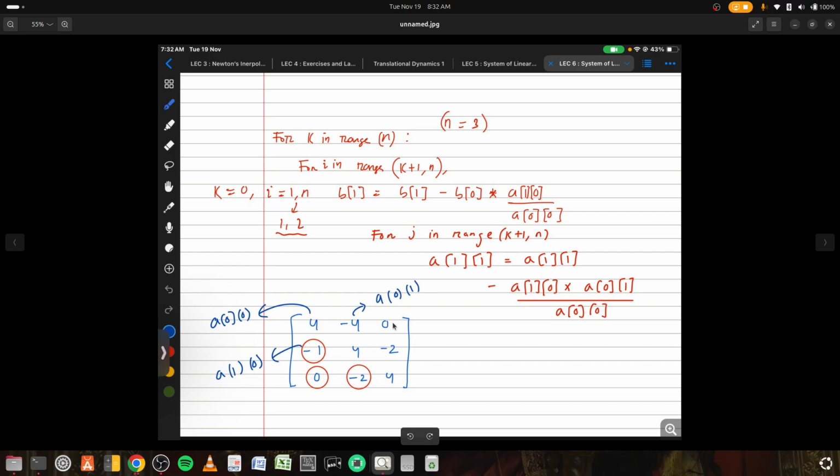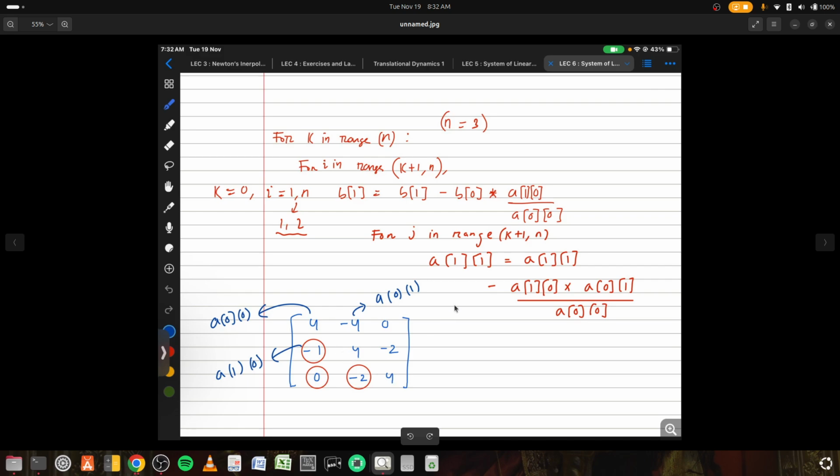So this is the 0th row and this is the 0th column, and this one is the first row and this is the first column, right? This notation is a bit weird, but you have to hold onto it. This is the 0th row, remember it, and this is the 0th column, and this is the first row, this -1 4 -2, and this is the first column, then the second column, and this is the second row here.